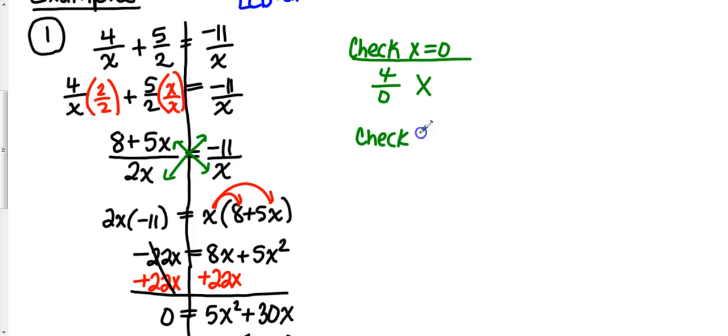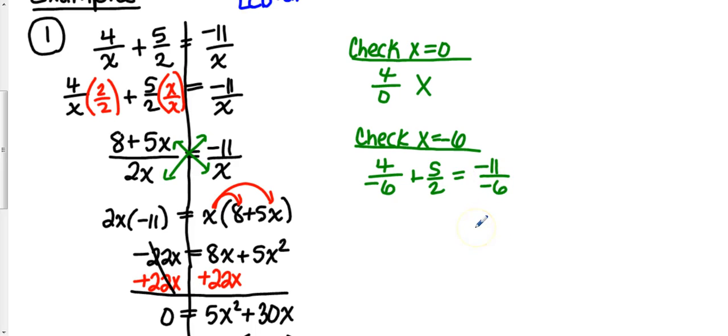Now let's check x equals negative 6. So it's going to be 4 divided by negative 6 plus 5 halves equals negative 11 divided by negative 6. Now in terms of domain issues, we have none, because here none of the denominators are 0.